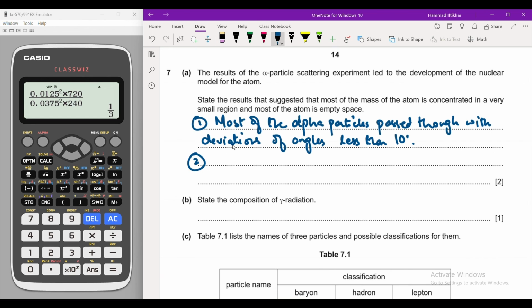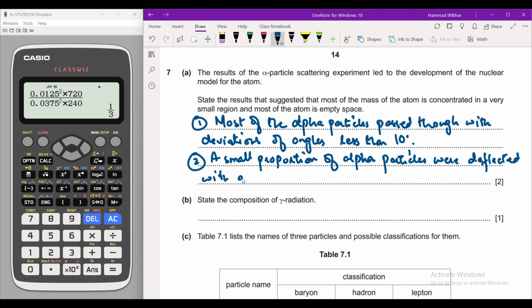The second observation is that a small proportion of alpha particles were deflected back with angles greater than 90 degrees.